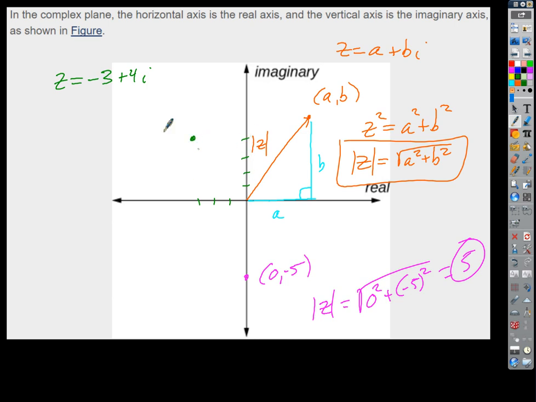So there's the point. Try this real quick in your notes. Calculate the modulus. What are the coordinates? Real part, imaginary part? -3, 4. So a is -3 and b is 4. So try that one.